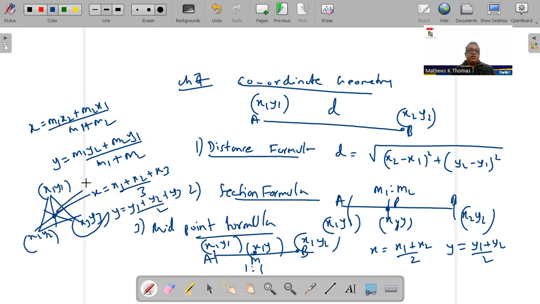This is the coordinate of the centroid. And what is centroid? Point of intersection of the median. So in case this is asked that there is a triangle and you have to find out the coordinates of the centroid, then we will use this. As far as I think, it will not come, but still I am just giving you because it is very closely related to the midpoint formula.